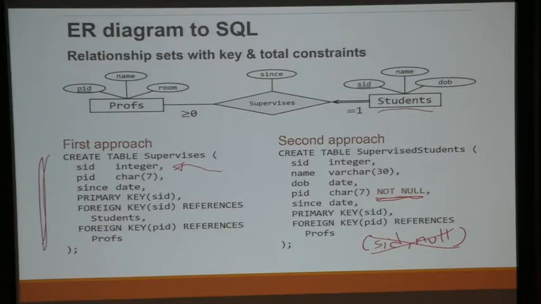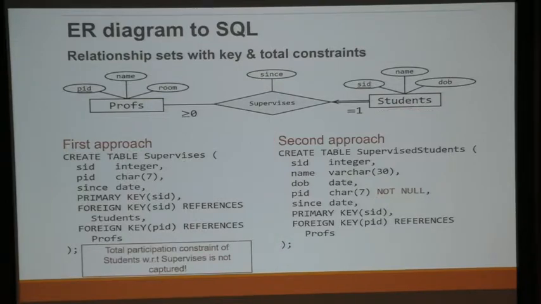If you created the ER diagram with this second approach, then the total constraint is actually captured. This one, the first approach, does not capture the total constraint. And to capture it, you need a different approach. Okay, so for the first approach, the total constraint is not captured.